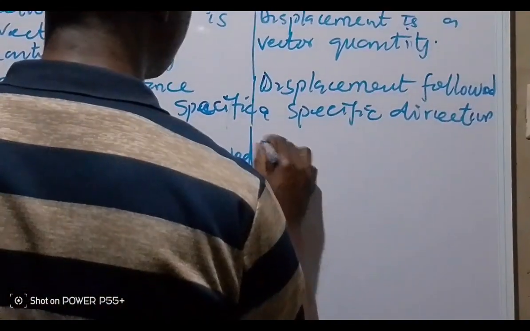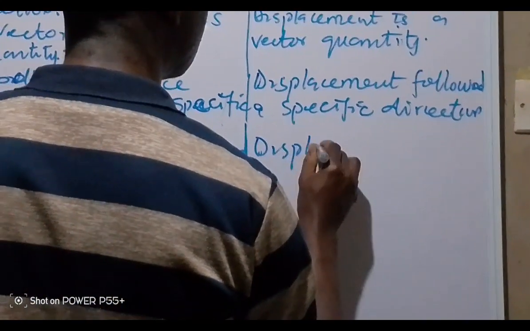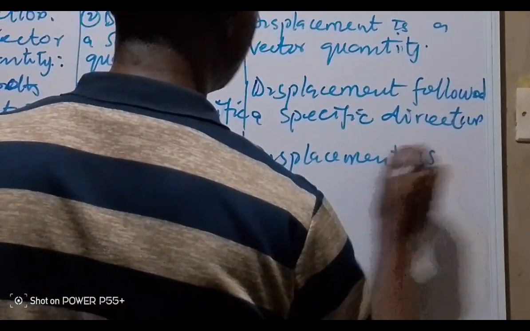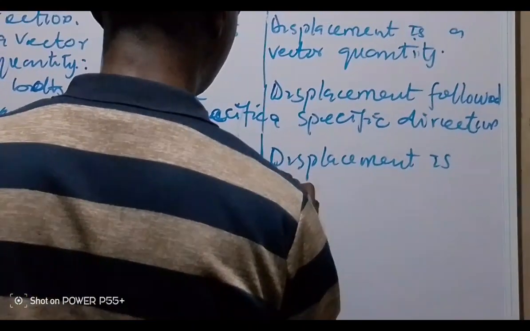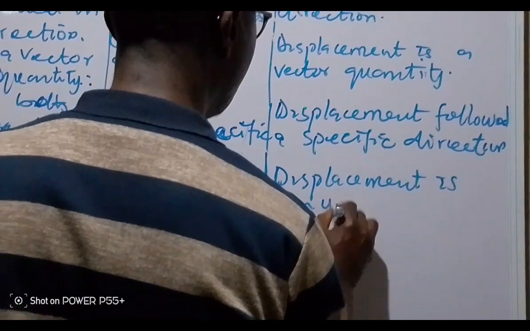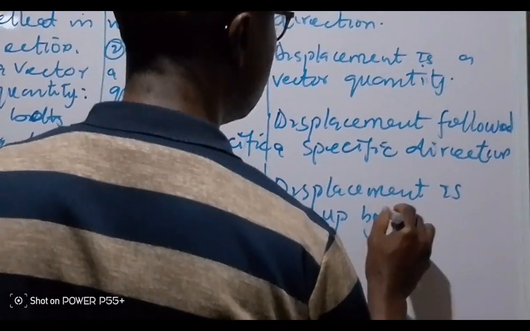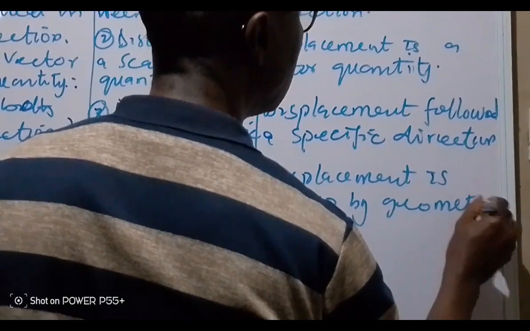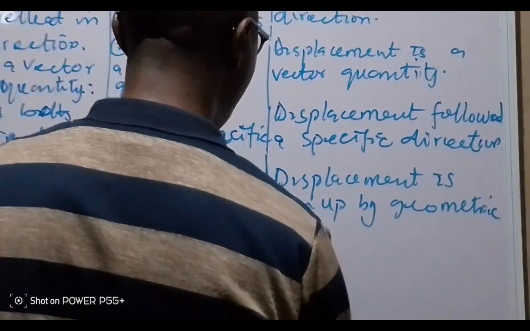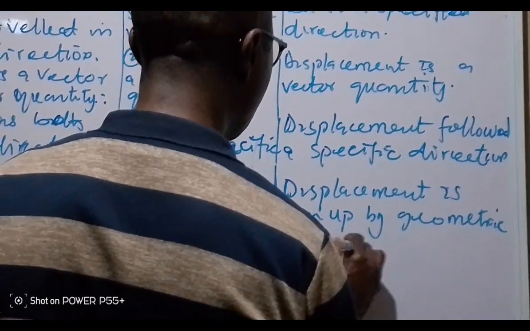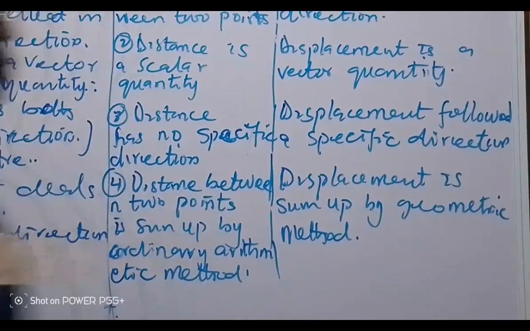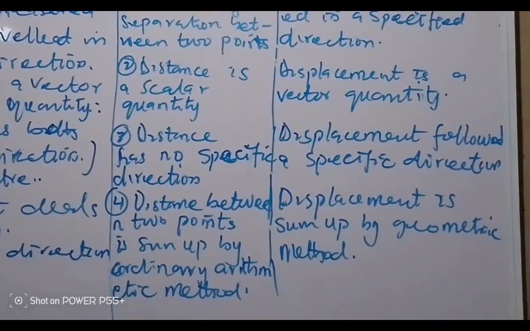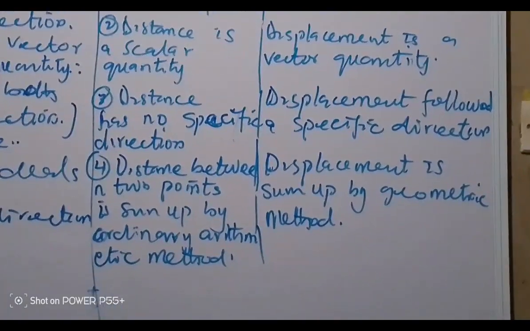Why displacement? Displacement is summed up by geometry method. These are possible differences between displacement and distance.